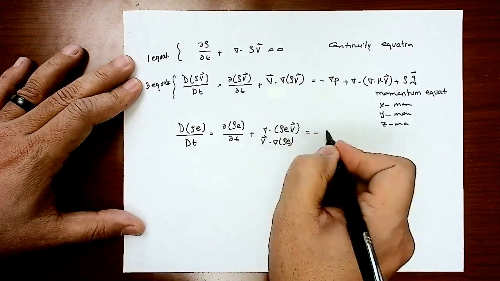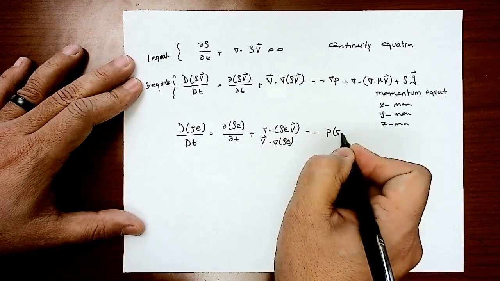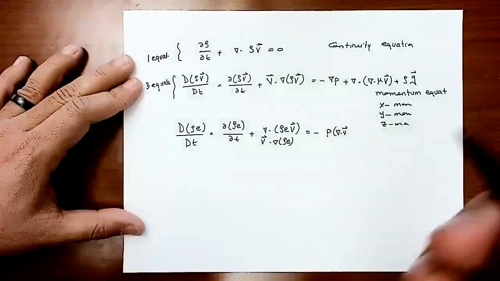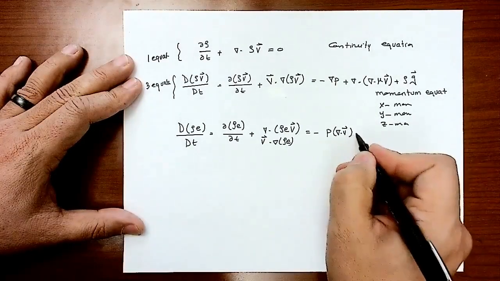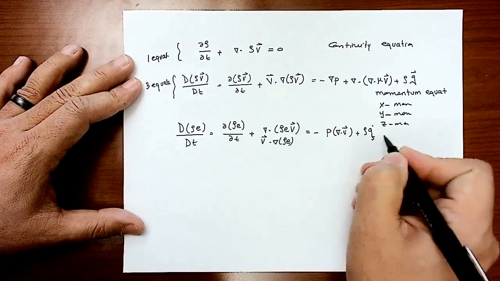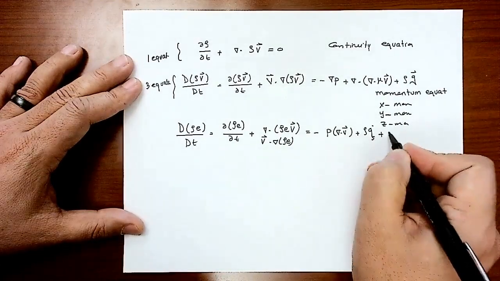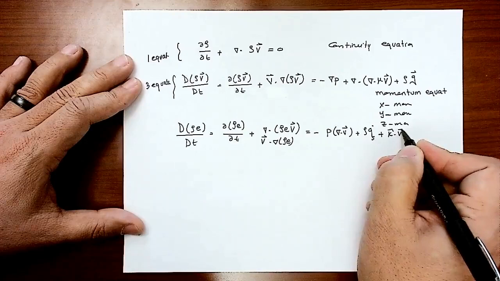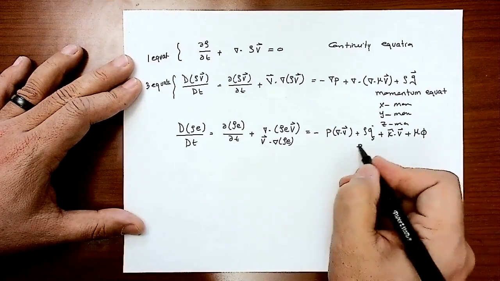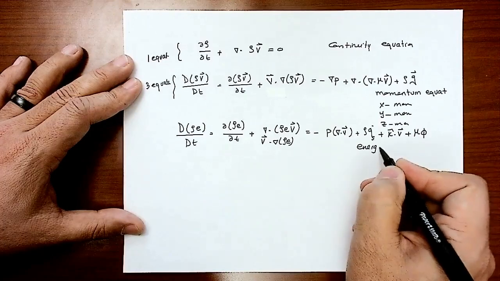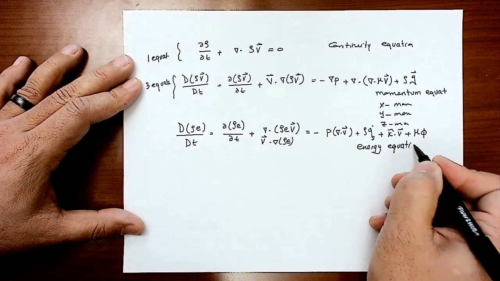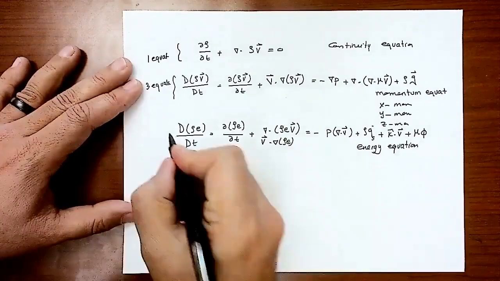That equals minus p nabla dot v plus rho q dot s plus k dot v, and the most important is mu times the dissipation function. This is the energy equation. So that's another 1 equation.